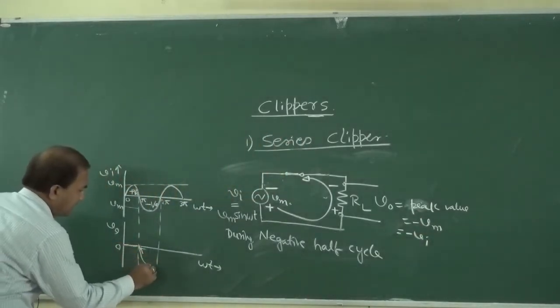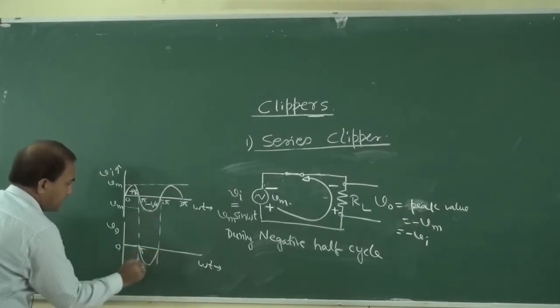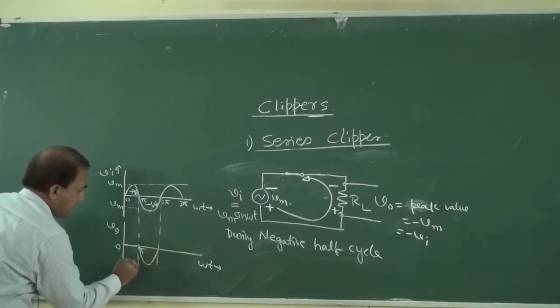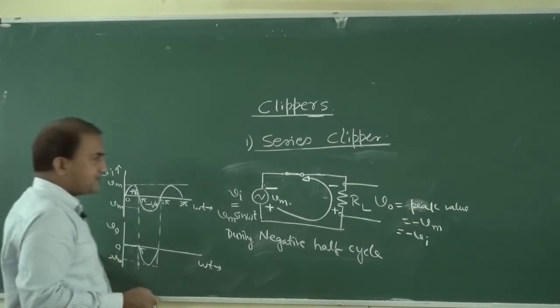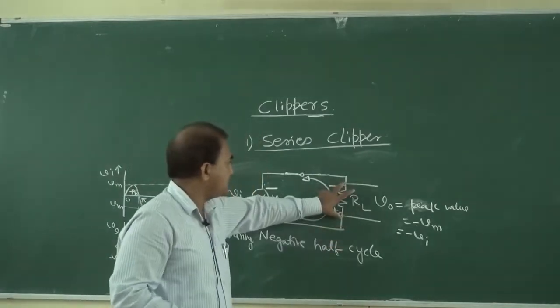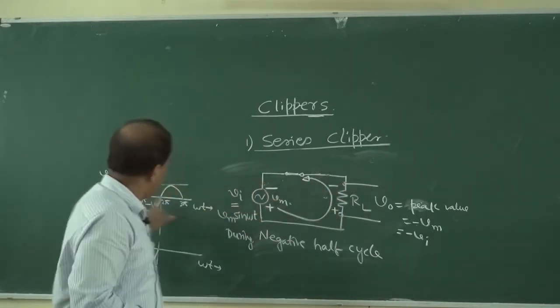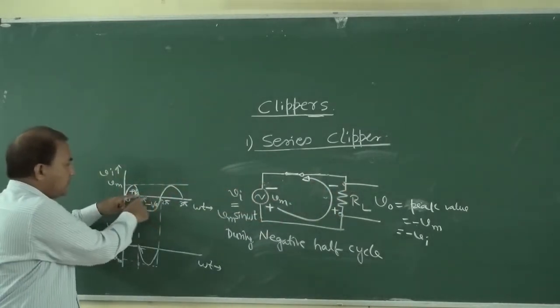So it will be like this, the same. This is minus Vm, the peak value is minus Vm.